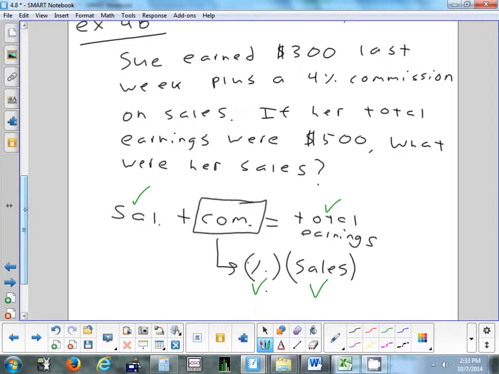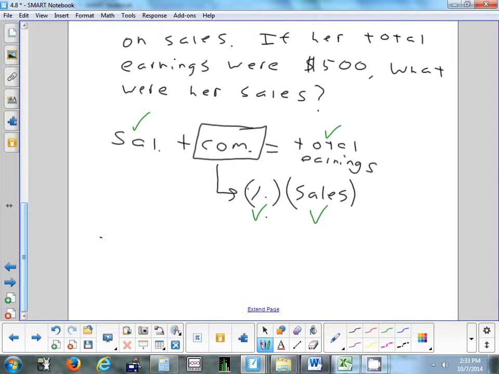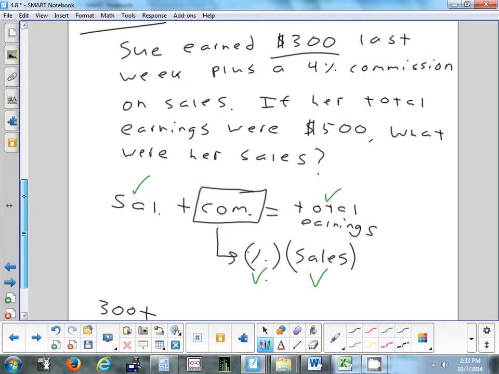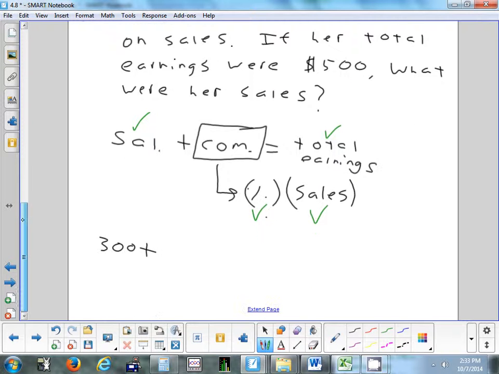What's our salary? Spencer, what's our salary? Our salary is 300. Yep, good. She earned $300. Plus commission. So now we got to look at how do we do commission. Percent. What's our percent as a decimal? 0.04.